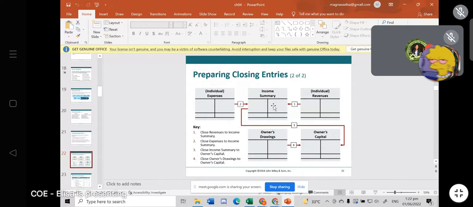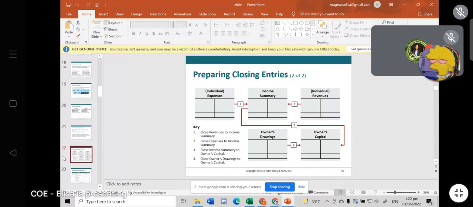So what we will do is, in number 1, close the revenues to income summary. Number 2, close the expenses to income summary. And then the income summary account, whatever the difference, we close to the owner's capital account. And then number 4, close the owner's drawing to the capital account.